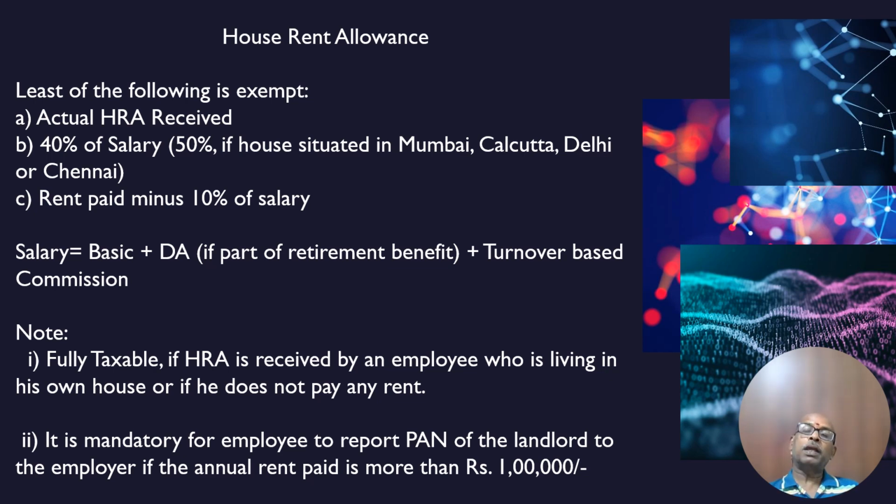But for private, if this condition is not there, they will say basic pay 20,000, HRA 30,000. So now 40% of 20,000 is only 8,000. So salary component, they will have a kind of basket.